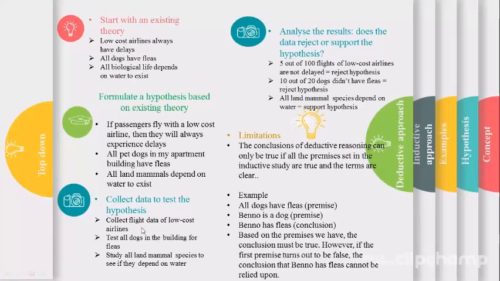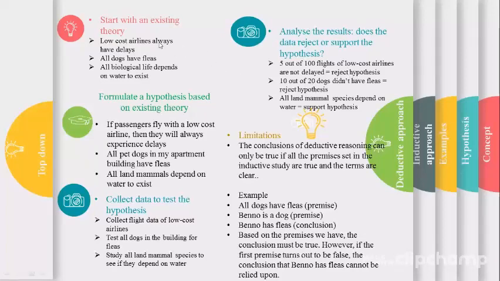Based upon the theory and the hypothesis, the researcher will start collecting data to test his hypothesis. So what data will he collect? He will collect flight data of low cost airlines. Now let us see the analysis. For example, if 5 out of 100 flights are not delayed, then what will we say? We will reject this hypothesis. Why will we reject it?